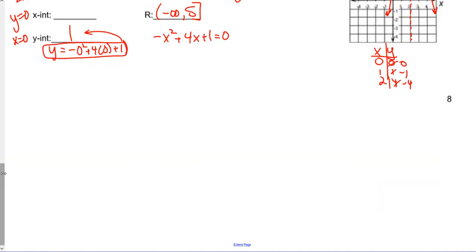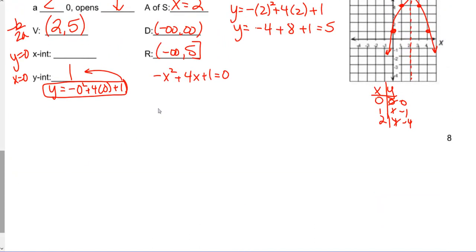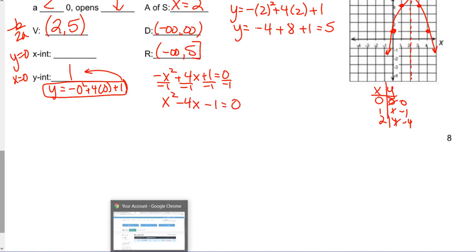I'm going to extend my page up a little bit. Now, this is something that we could factor possibly. First off, I want to get rid of that negative. So I'm going to divide everybody by -1, just so that I end up getting my positive x squared that I like to see. And when I divide by -1, basically I just change the sign.